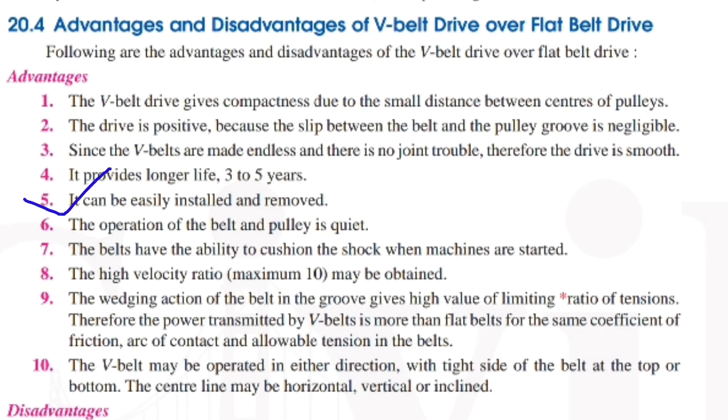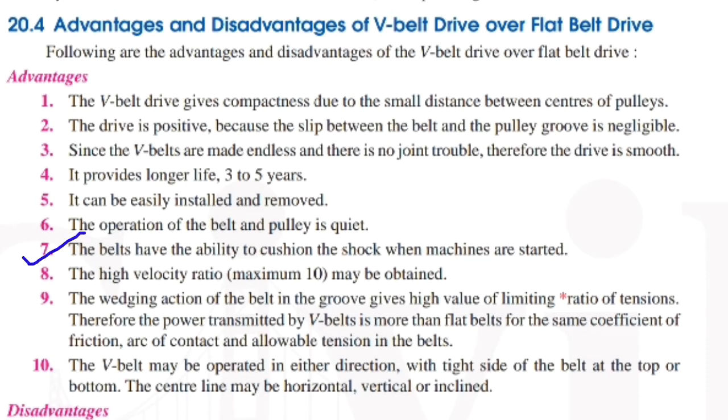Fifth, it can be easily installed and removed, because it doesn't have any additional attachment. And sixth, the operation of the belt and pulley is quiet, because the two pulleys don't have a large distance between them, so no noisy operation is formed with the help of V belts.